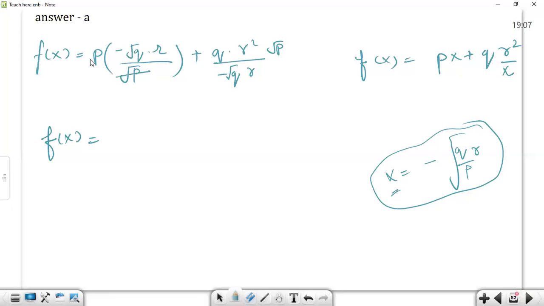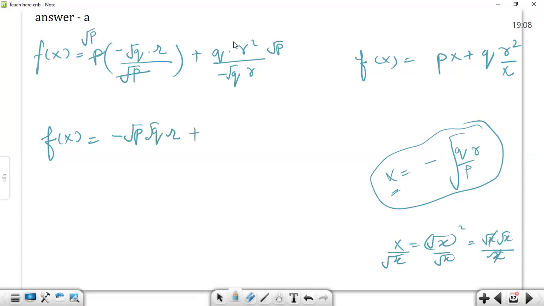So this cancels this. Why so? Because x can be written as square root of this, so we can write it as root x into root x. If you multiply and divide by root x, it cancels once and one root x remains. So here we can write root p, root q into r.